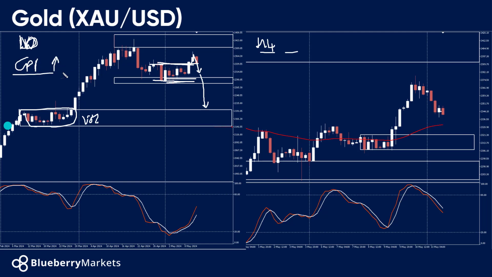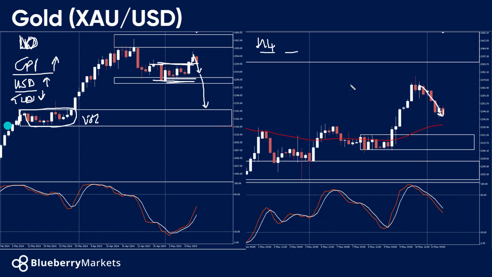Typically, if the CPI misses to the upside, it could breed some dollar strength, and usually dollar strength means gold weakness. But we haven't actually been seeing that correlation that tight recently. In fact, the US dollar today, as I'm filming this, has been very bearish, and gold has tracked with that.